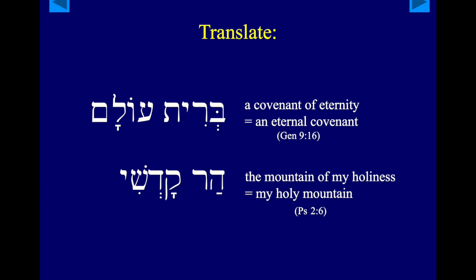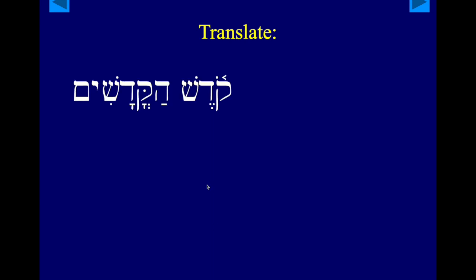The mountain of my holiness, or my holy mountain is another way to translate that. That means Zion, God's holy mountain, when God says that. This is definite here at the end, my holy mountain. There's only one of them, Zion. So my holy mountain is going to be definite.